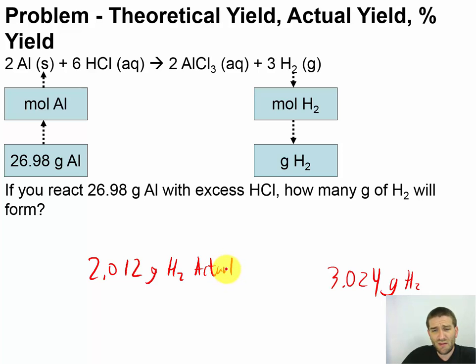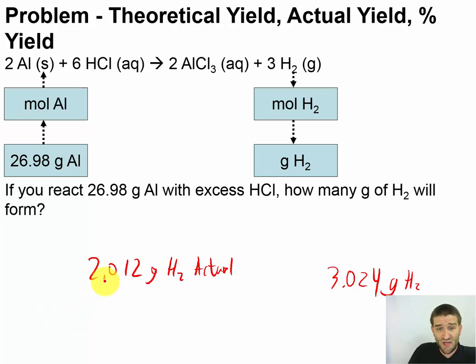Well, how do we know that? Simply put, you wouldn't in a class unless we told you this is what you actually got. So the problem is going to tell you this was your actual yield. In the research lab setting or in the laboratory class setting, you'll measure actual yield as well. So what do you do to determine your percent yield?